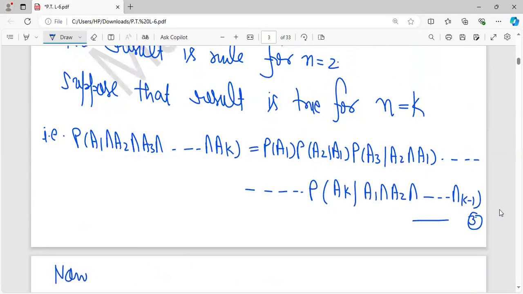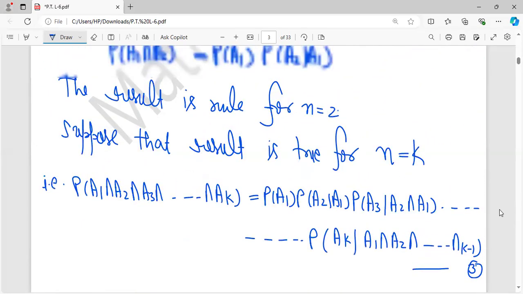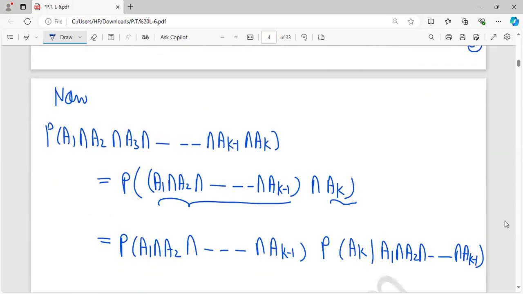Now we will use this. Now put the value. So we will prove that the result is true for AK plus 1. So I will put here AK plus 1. Sorry, I should put here AK plus 1.